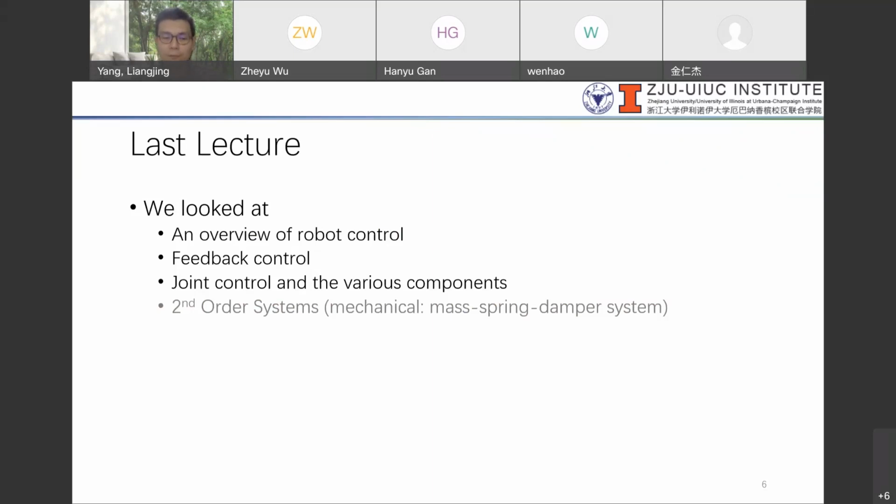From that joint control, we looked at the various components, which is the subject of mechatronics: the actuator, the motor, sensor, and transmission mechanism, like the gearbox and the pulley belt system, etc.